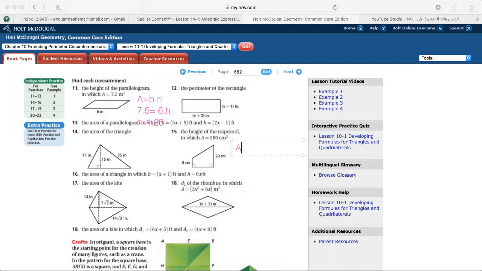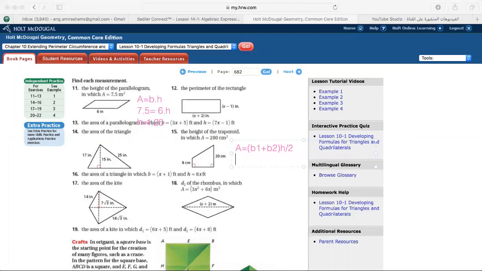So let's write it. Area of the trapezoid is equal to B1 plus B2 multiplied by H all over 2.